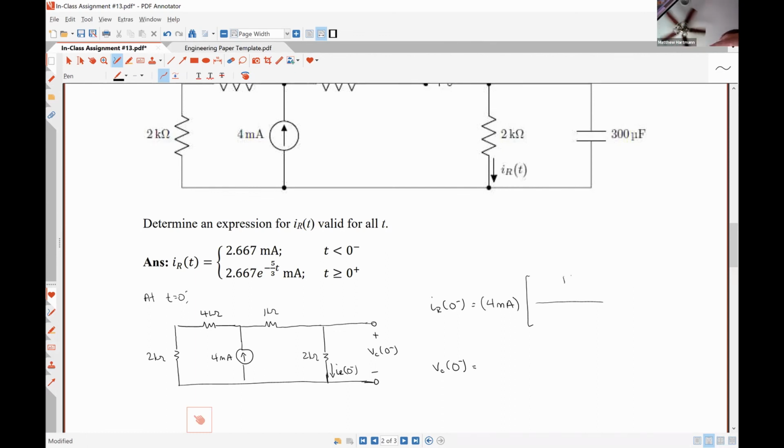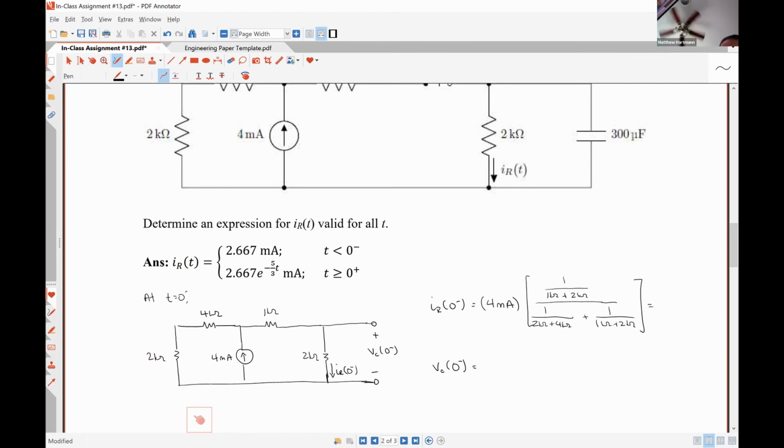So I'm going to have 1 over 1 kilo ohm plus 2 kilo ohms divided by 1 over 2 kilo ohms plus 4 kilo ohms plus 1 over 1 kilo ohm plus 2 kilo ohms.